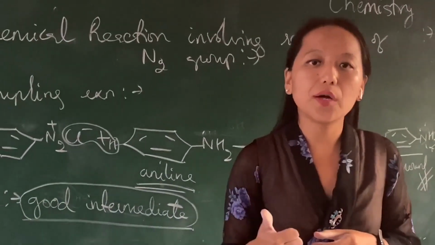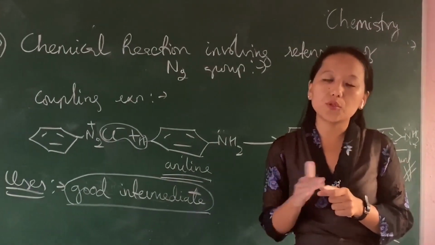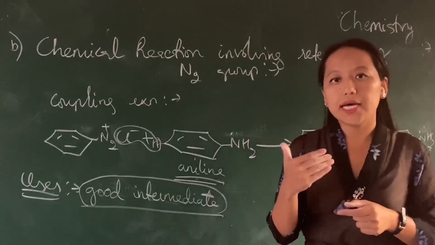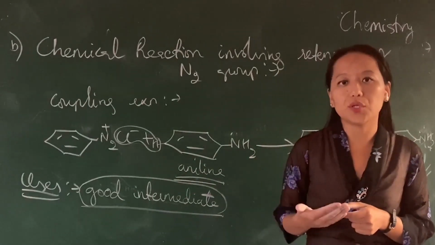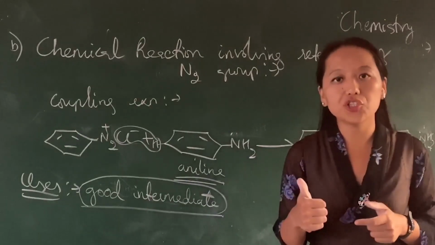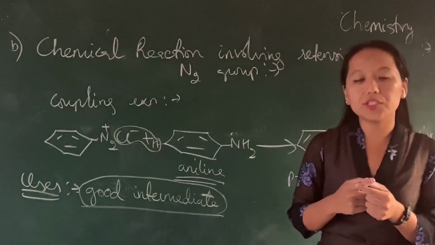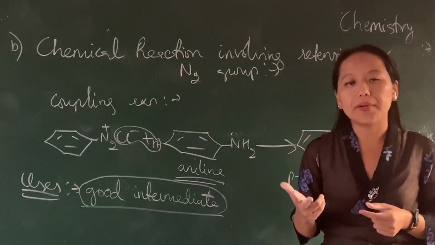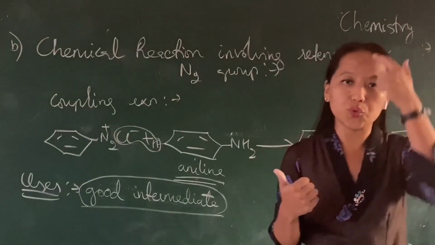Physical properties: solid, crystalline, soluble in water, and stable in air at low temperature. Then chemical properties: retention of N2 group and replacement of N2 group, replacement by fluoride, chloride, iodide, hydrogen, OH, NO2.